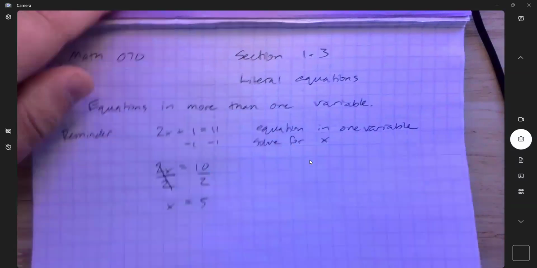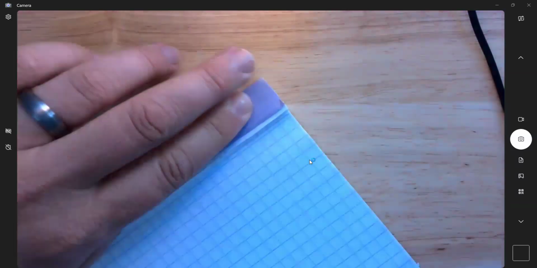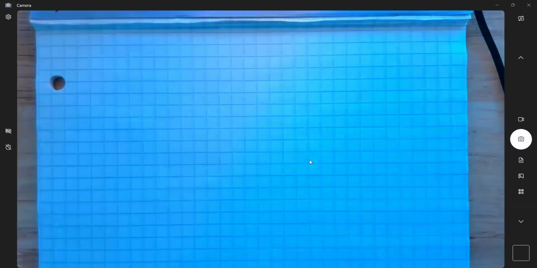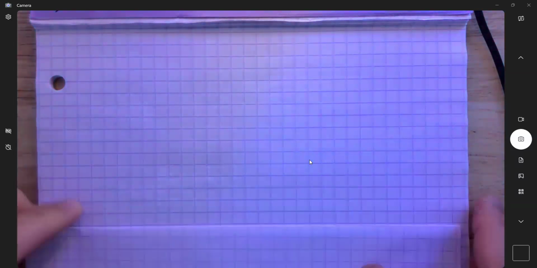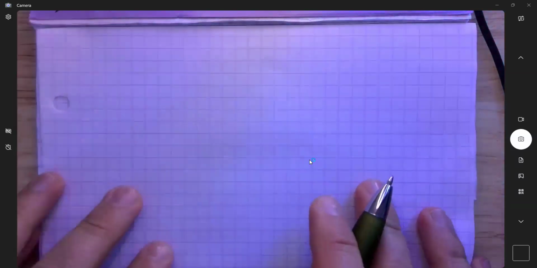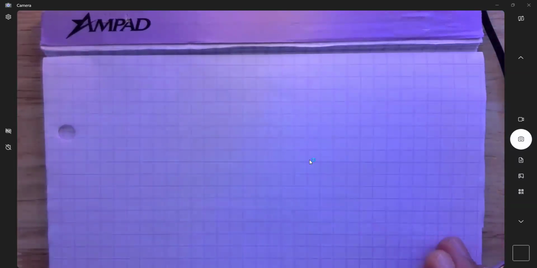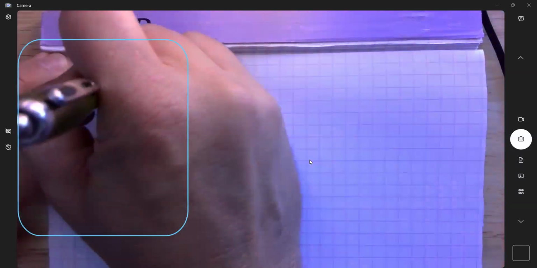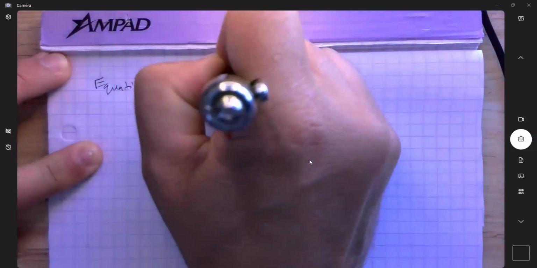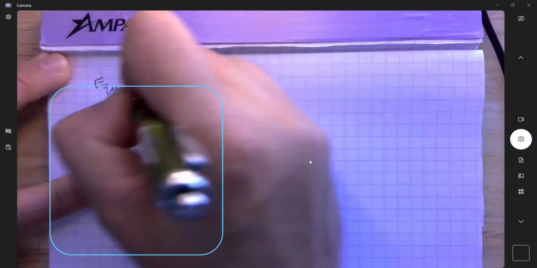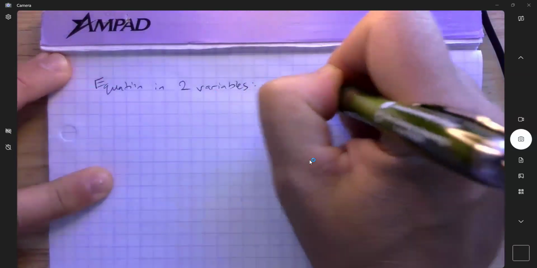An equation in more than one variable simply has more than one variable in the equation. In particular, it's not just x more than one time, it's actually two different letters representing two different variables. So let's look at an equation in two variables, x and y.